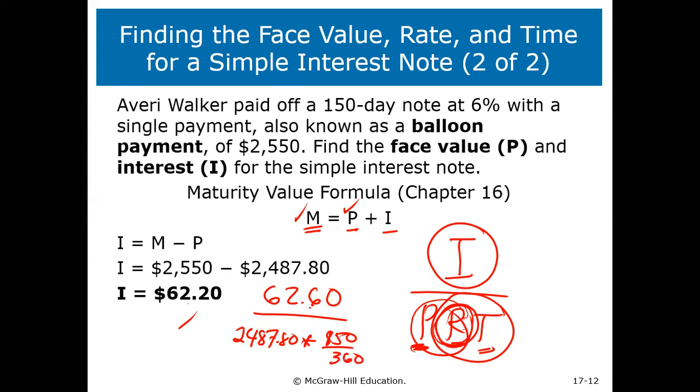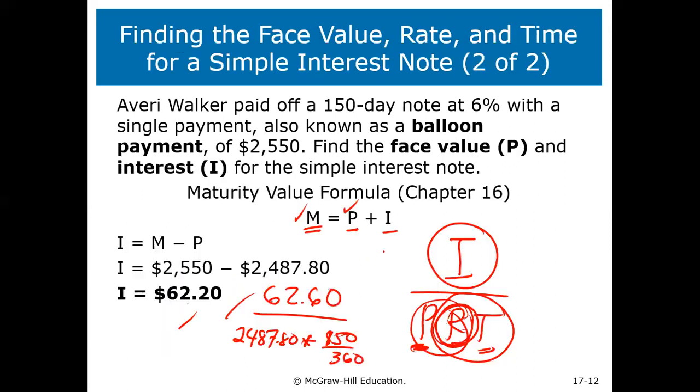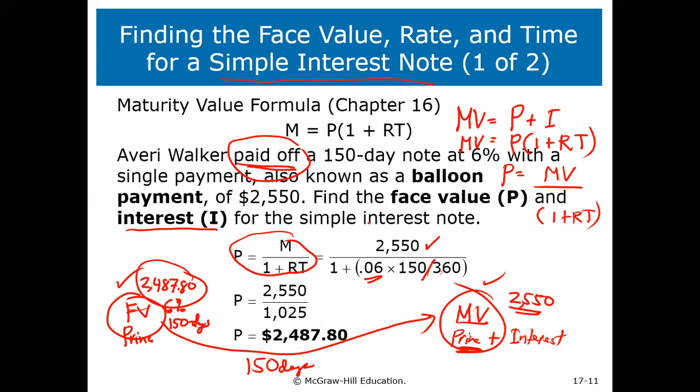Since this is the next problem, we are asked for the rate or effective rate. Here is the interest, this is the face value, and this is the time. So we get, expectedly, 6%. Why was I expecting 6%?